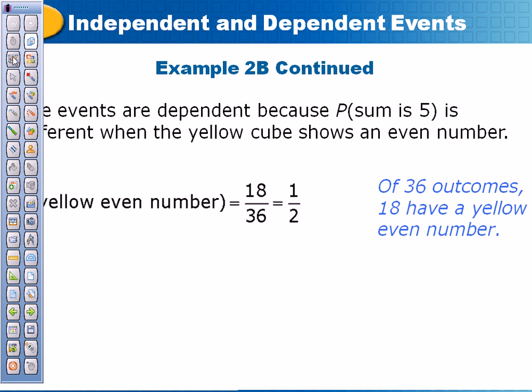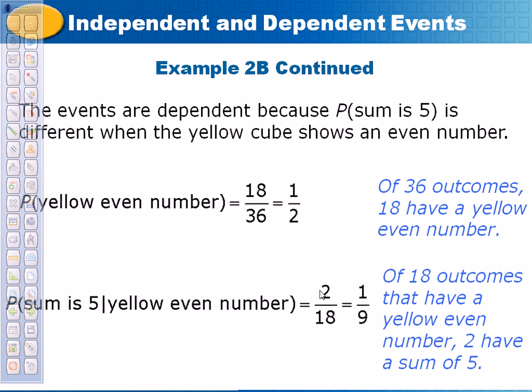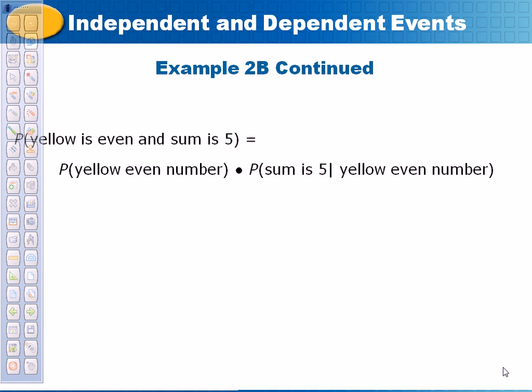So, out of those 18, how many ways could we have a sum of 5? 2. So we get 1/2 times 2/18. 1/9 is 1/18. Because the 2 could be paired with a 3, and the 4 could be paired with a 1.